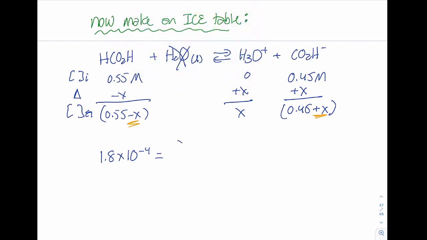So I'm going to have the concentration of hydronium ions multiplied by the concentration of my formate ions over the concentration of my formic acid. I'm going to solve for x, which is going to be my hydronium ion concentration. So I'm grabbing my calculator.